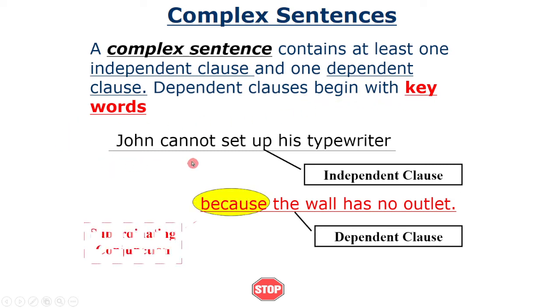Just John cannot set up his typewriter, independent clause, subordinate conjunction, because the wall has no outlet. So it's a dependent clause. So in the complex sentence, you can see one is an independent clause and the other is a dependent clause. Most dependent clauses start with a subordinate conjunction.